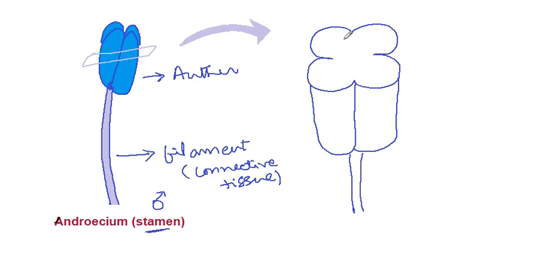Each of the lobes will have the pollen sac. So the one that we see right at the center, that is our pollen sac. So since we have got the four lobes, we have four pollen sacs. Let's say if we say that this is the pollen sac in yellow, so this is our pollen sac.